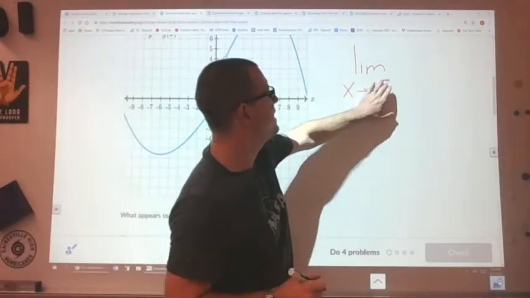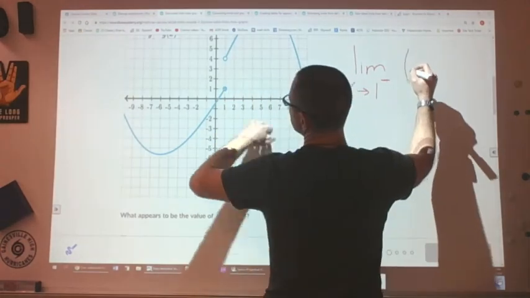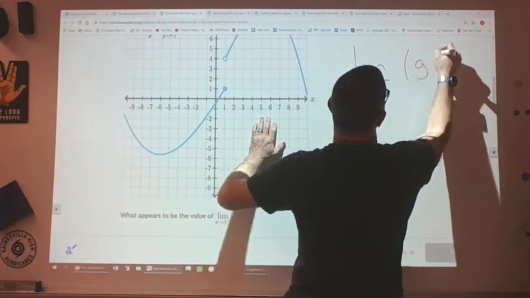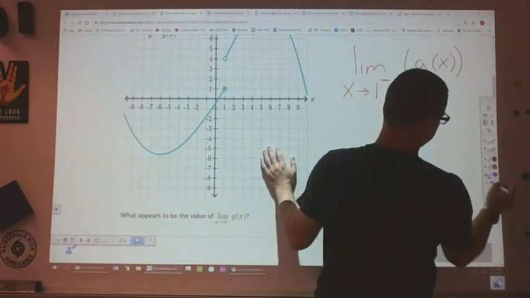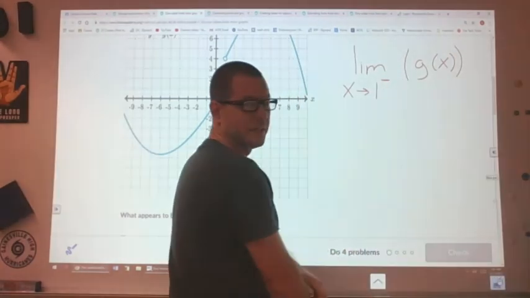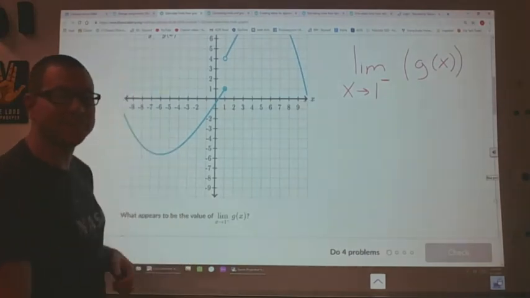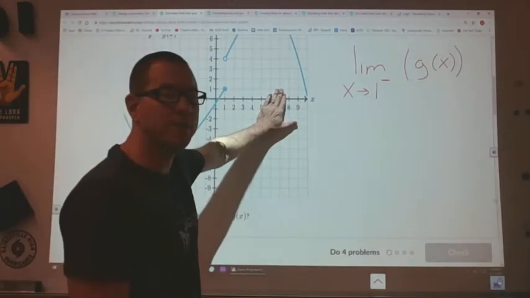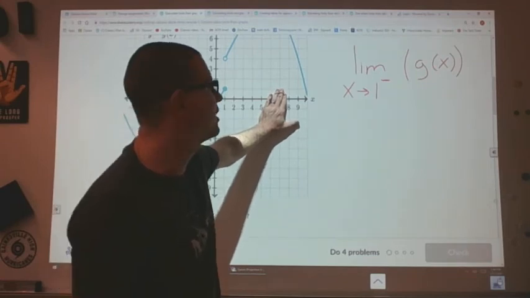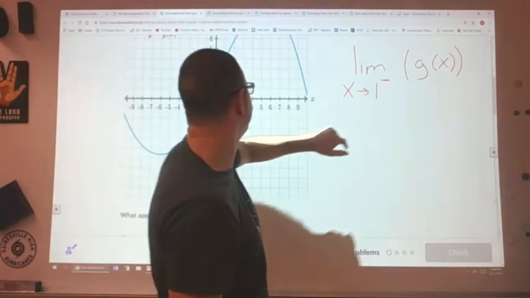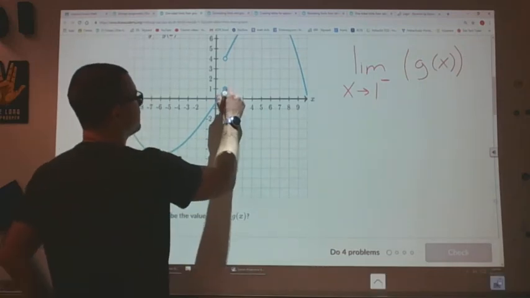That's the indicator of direction. So this would be g of x. That little negative indicates a left-hand limit, that I should only be concerned with values of x to the left of 1.